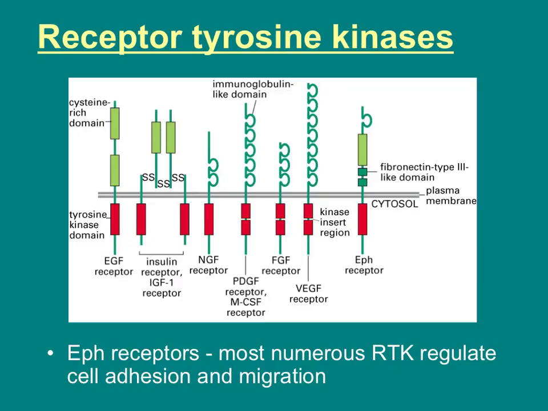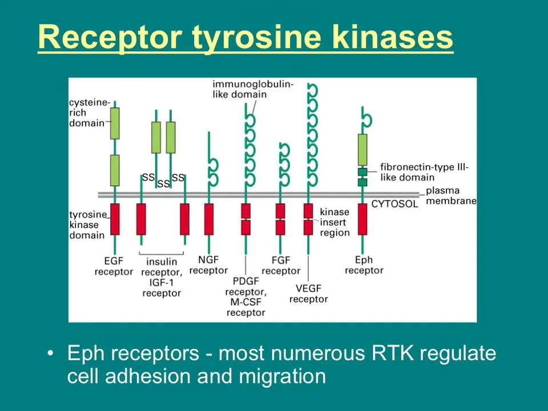So there's a billion of these receptor tyrosine kinases. And we know now that tyrosine kinases are the number one receptor that's got problems in cancer. So RTKs, receptor tyrosine kinases, if you mess up their function, cancer happens. It's easy to understand because a lot of them are growth factor receptors.